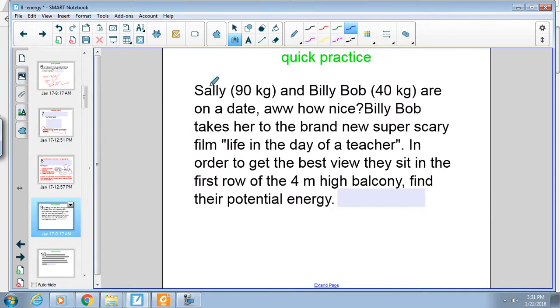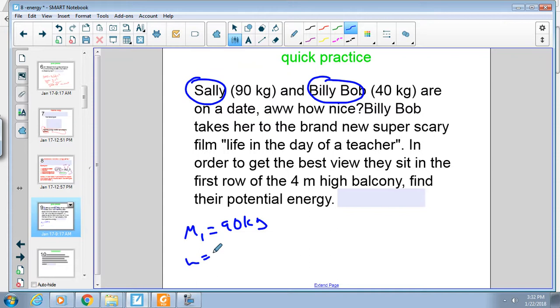Let's say, hypothetically, we have Sally and Billy Bob, and they're on a date. Billy Bob takes her to this brand new, super scary film, A Life in the Day of the Teacher. Very scary. In order to get the best view, they sit in the first row, which is 4 meters high. So the mass of Sally, mass 1, equals 90 kilograms.